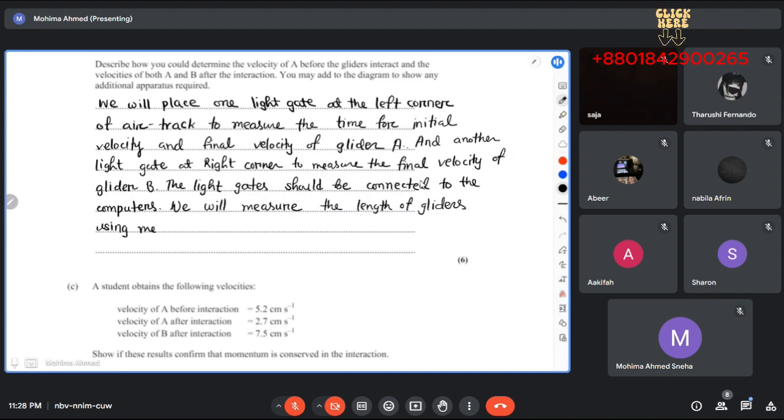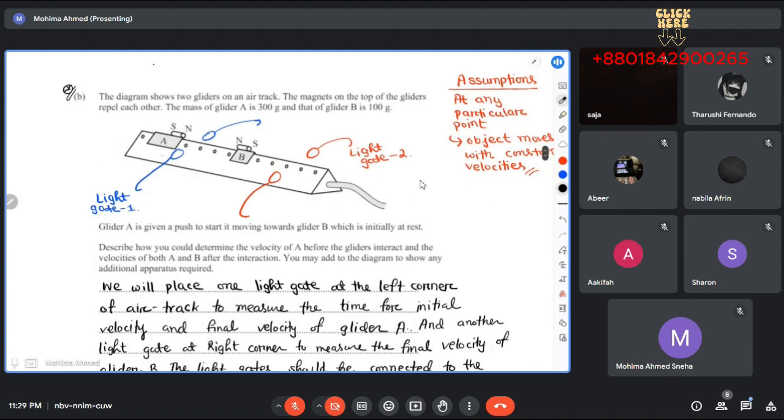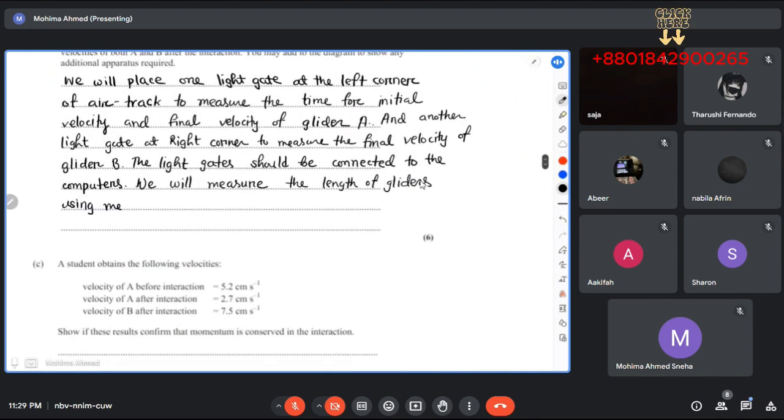Actually, over here the gliders never pass through that light beam. It is the magnet on top of the glider that will pass through the light beam. So we should measure the length of the magnet, not the gliders. We should measure the length of the magnets or whatever they have on top of the gliders. In this equation, we're using magnets, so we will use magnets for the reference of our answer.